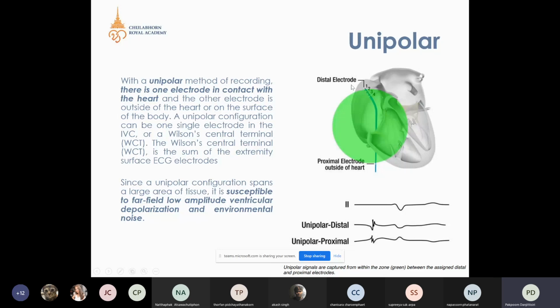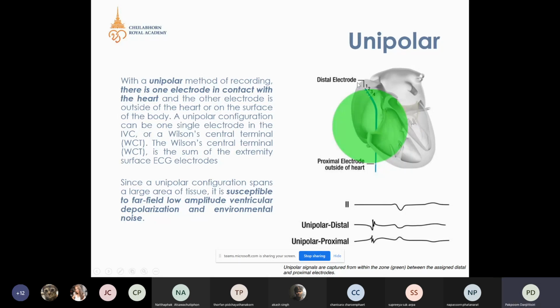For example, the distal electrode 1 is contacting the heart tissue, and the other electrode is outside of the heart or on the surface of the body.